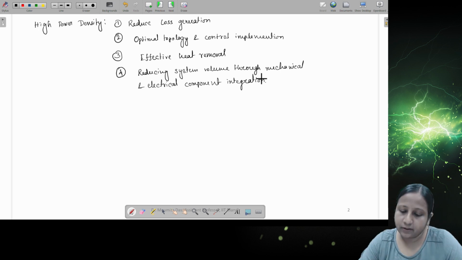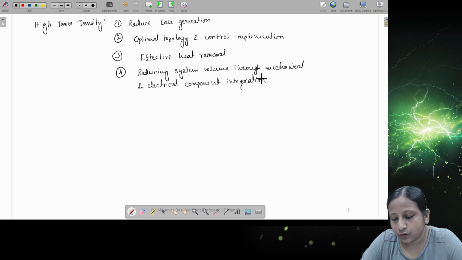So these are the parameters which need to be considered so that high power density can be achieved, right? This you already know. Now, how to analyze these different parameters?